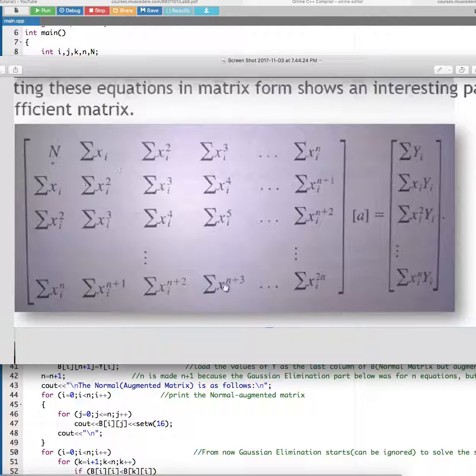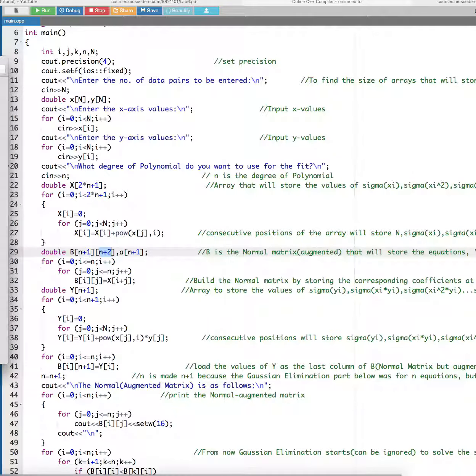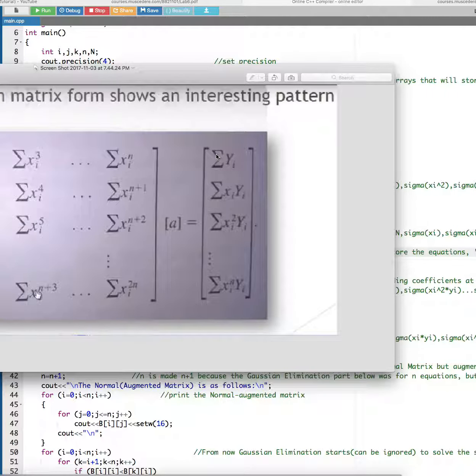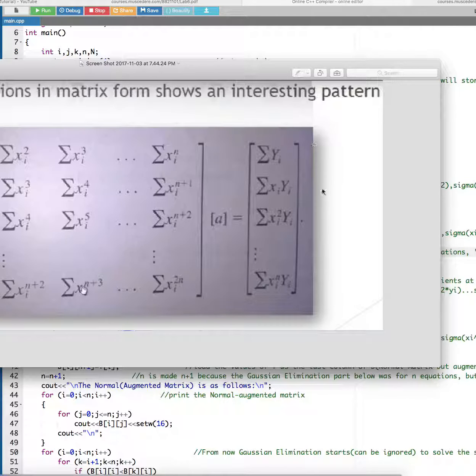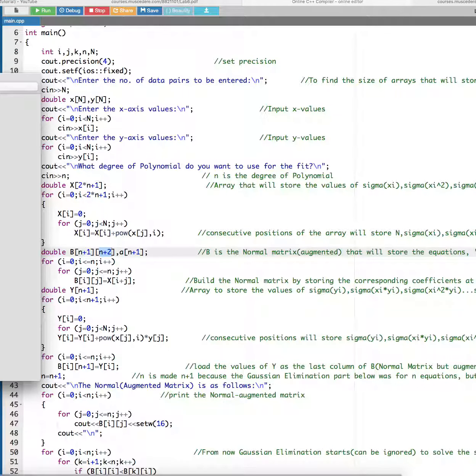So that's why we have n plus 1 rows and n plus 1 columns. But here we have n plus 2 columns, because on the right hand side we have one more extra column. In the augmented matrix pattern of Gauss elimination, we have one more on the other side, so that's why we include one more, that's n plus 2.